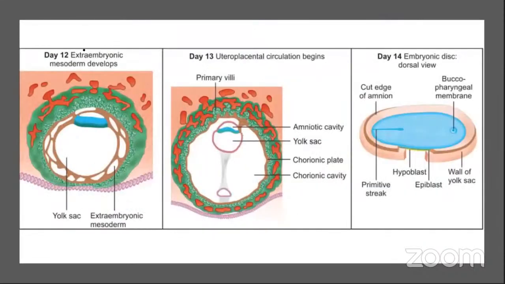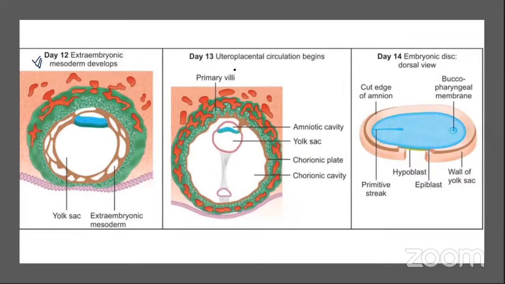After that, we have day 12. Here, there is a formation of extra embryonic mesoderm. Now, next one is day 13. On day 13, we have the formation of primary villi.